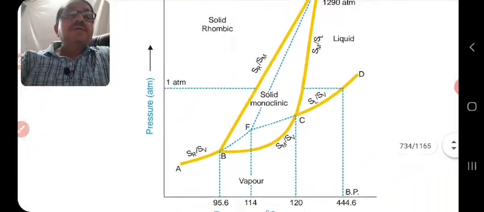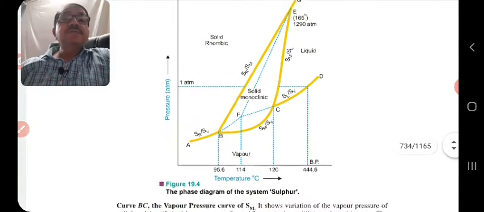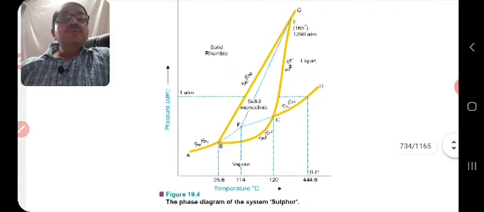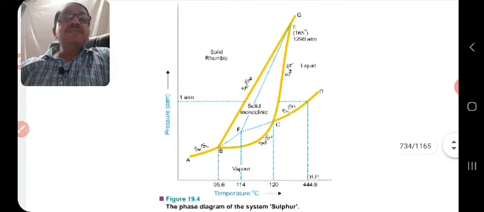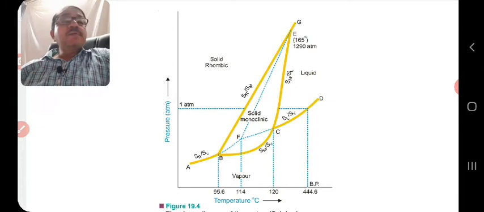Now let us overlook the diagram part of sulfur system here. So the phase diagram of the sulfur system is shown on the screen here, where pressure is represented along y axis, temperature represented along x axis.